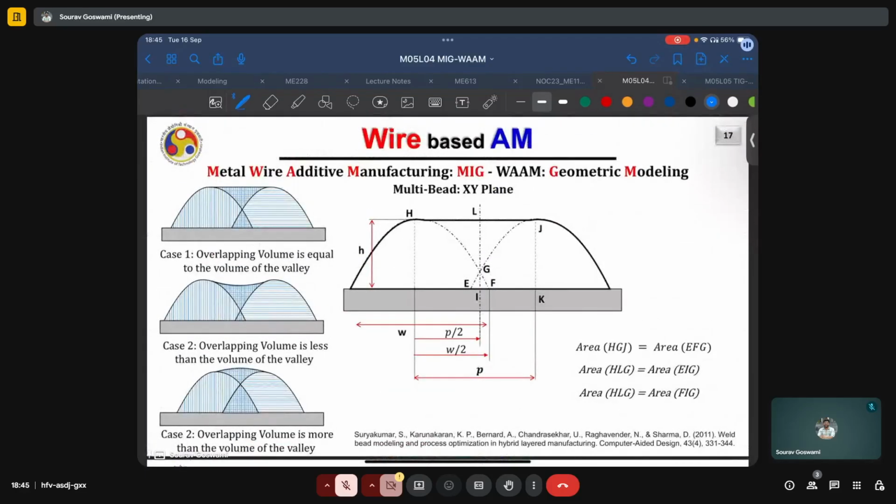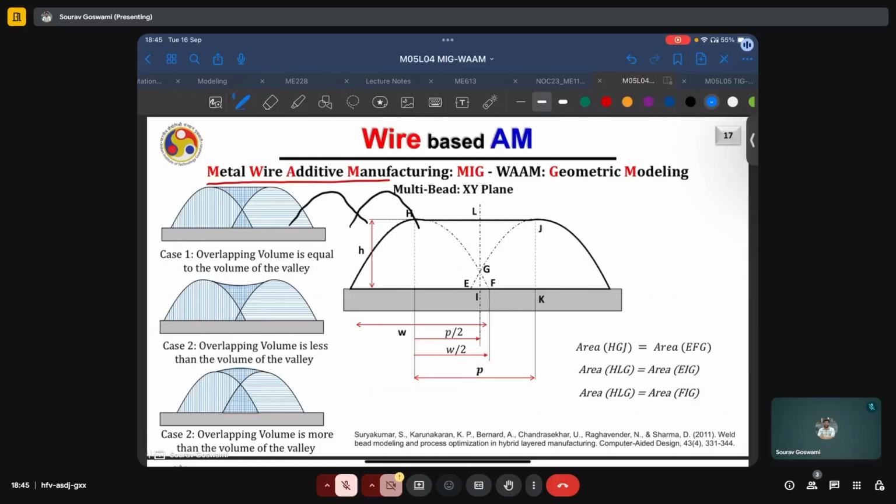Now, we can also model for multiple beads in the XY plane, which are still in a single layer, but now we are working with multiple beads. And here, the objective is that we want to have a flat surface between two beads, such as shown in this first figure here. And we can expect that with multiple beads getting deposited, the net effective surface will come out to be flat.